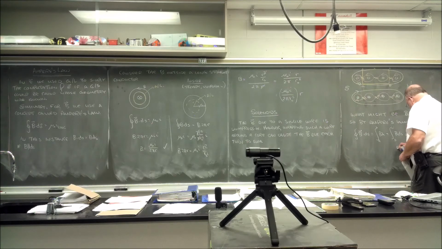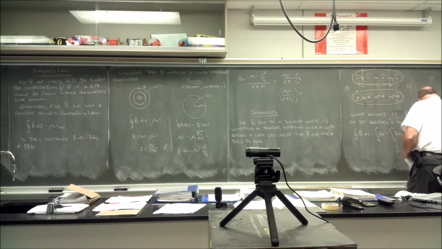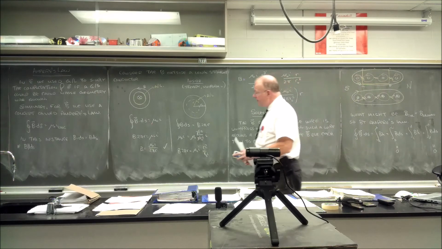Now these two, we said the field in between is 0, right? So the field here will be 0, so we don't have trouble with those integrals. So then we've got the ones on those 2 to do.